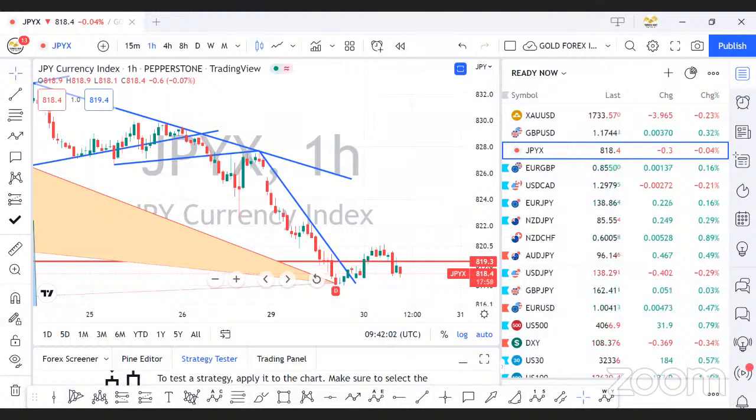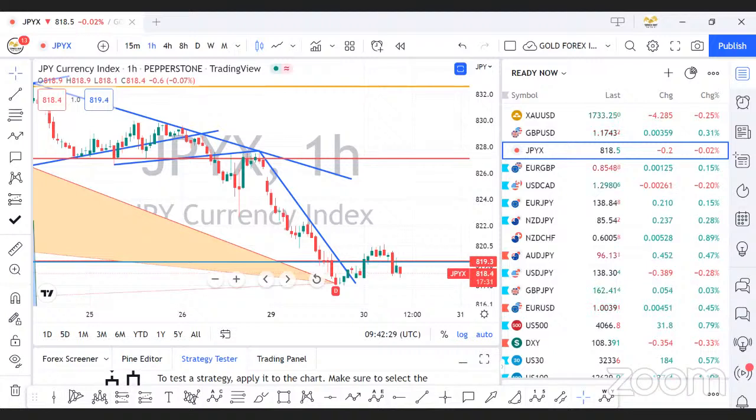Now, when you check over here, this B correction was forming a harmonic pattern. So I took it from the tip of this level to here. We had the 61.8.